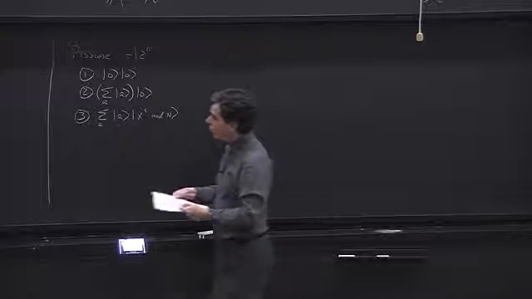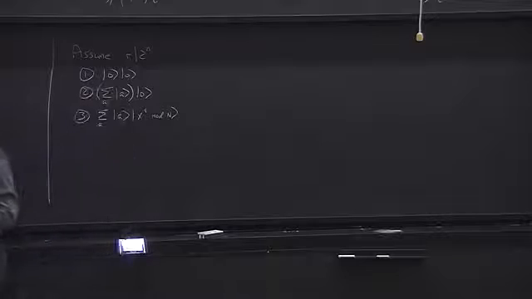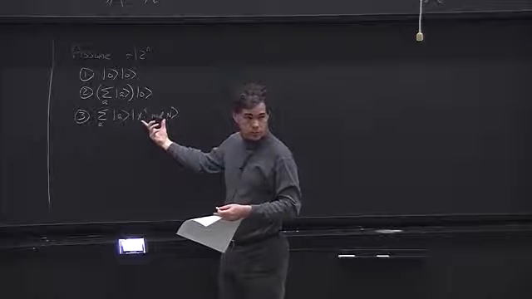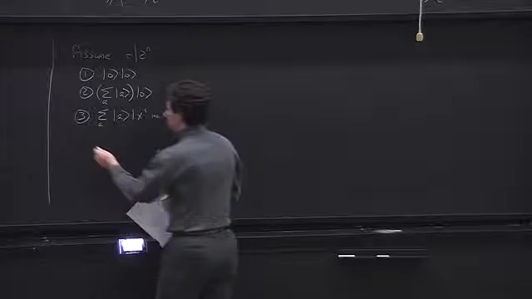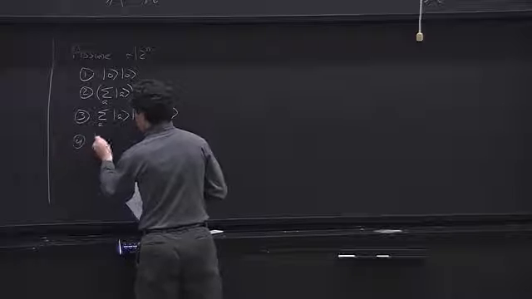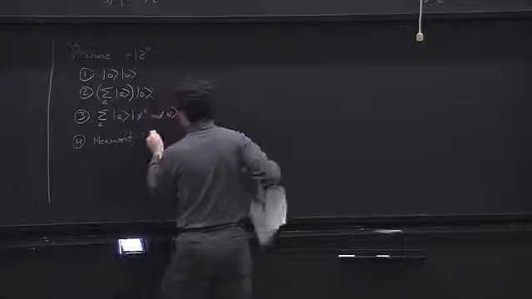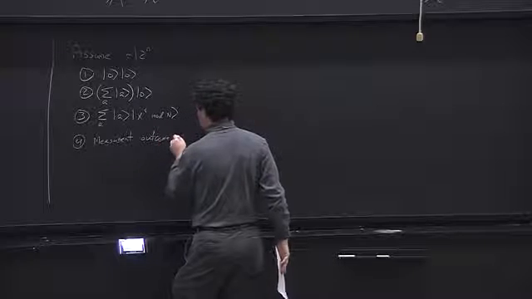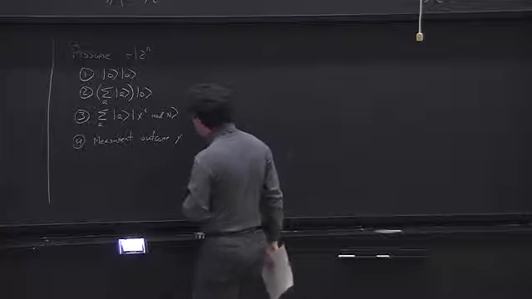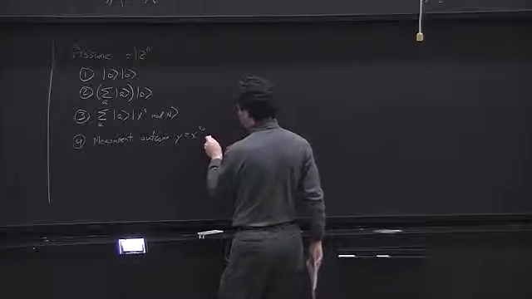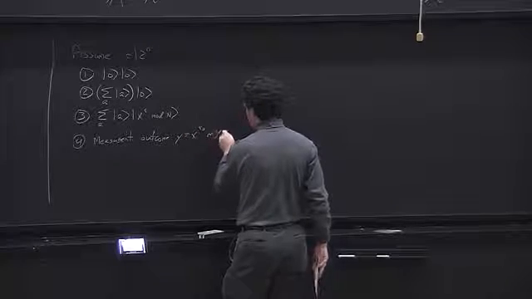Now let's look at what happens when we measure this second register. We'll get some particular value, let's call it y. For some particular value of a0, y is x to the a0 mod n.